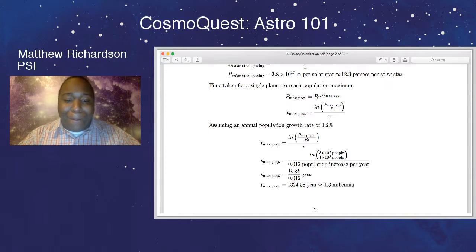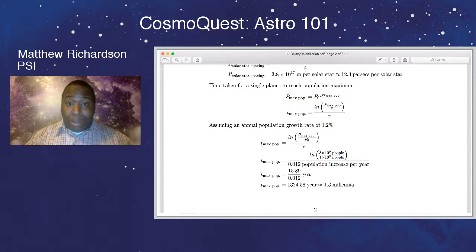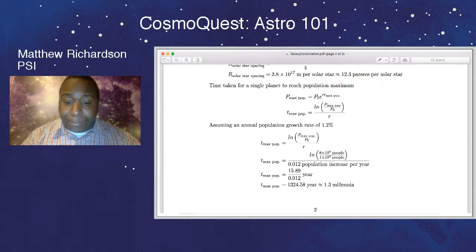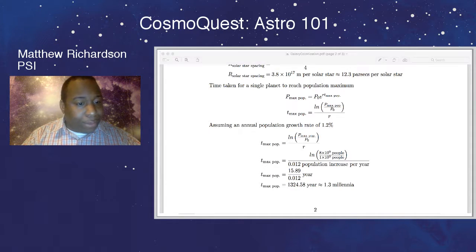We're assuming that the humans stay human throughout the entire trip, so no cosmic rays or radiation or conditions of space will change the human structure in any way. So we stay human over this 1.3 millennia for the humans at some other planet to reach maximum population.